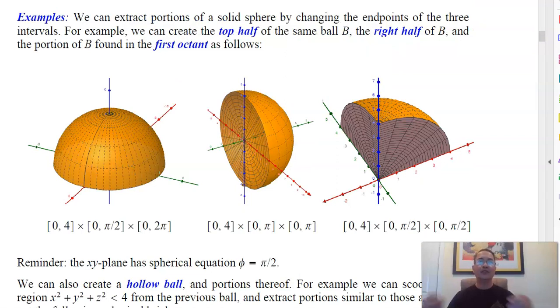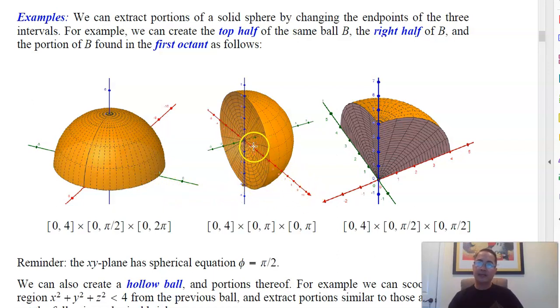So we can take our solid ball and we can carve out portions of it. I always think about cutting up a melon or something when I see these pictures. You can take the upper half of the ball, or, what would this be?